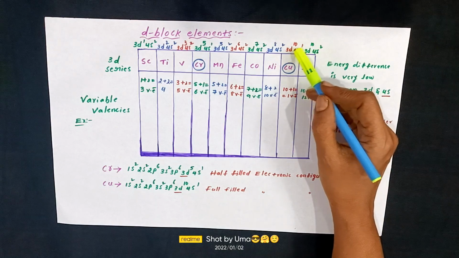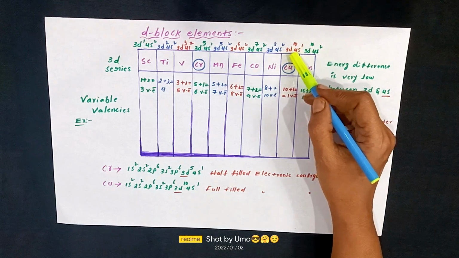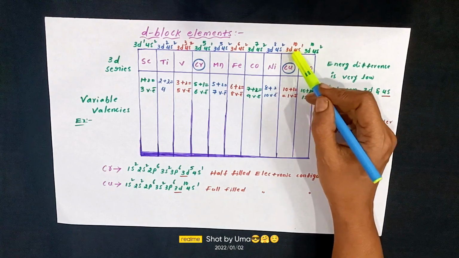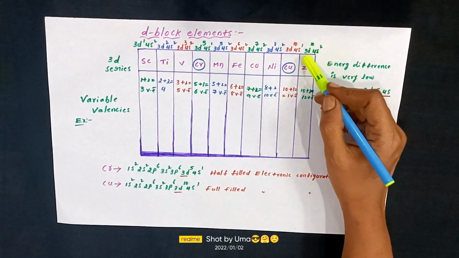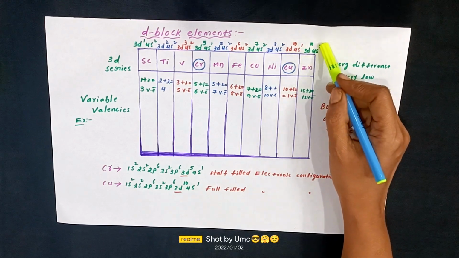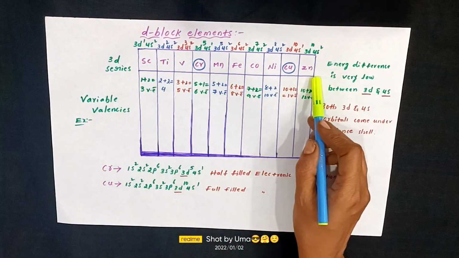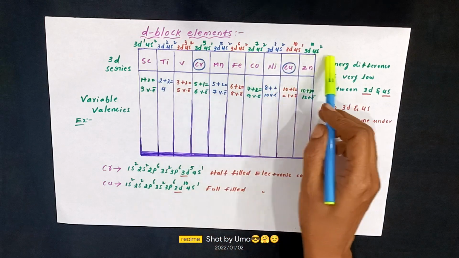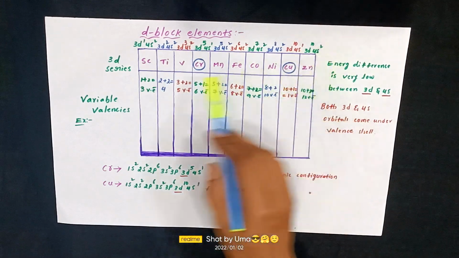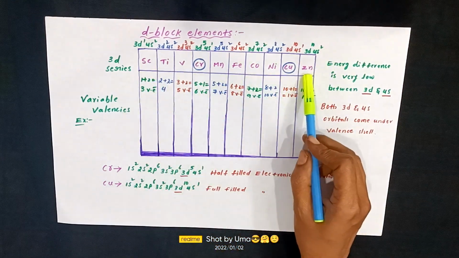That's why you write the electronic configuration for copper as 3D10 4s1, and for zinc 3D10 4s2, children. Up to here 30 electrons are filled. These are the electronic configurations from scandium to zinc, children.